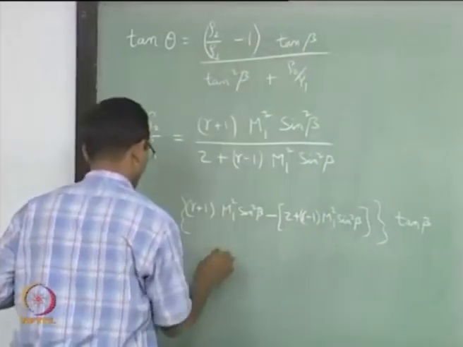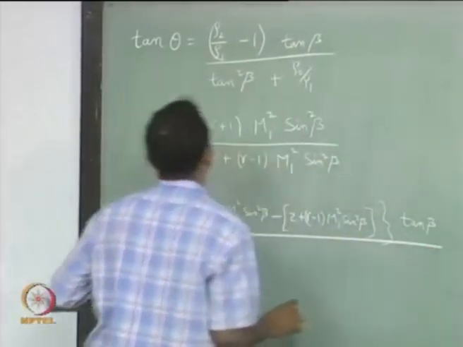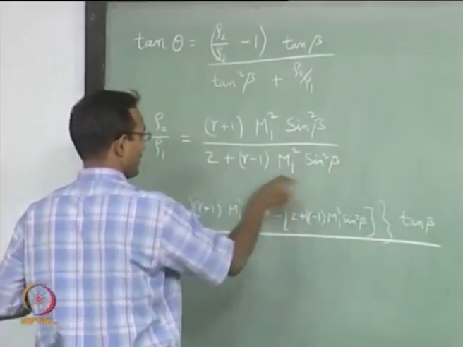That is the numerator of that function, whole thing divided by, of course, we still have the denominator for this numerator.